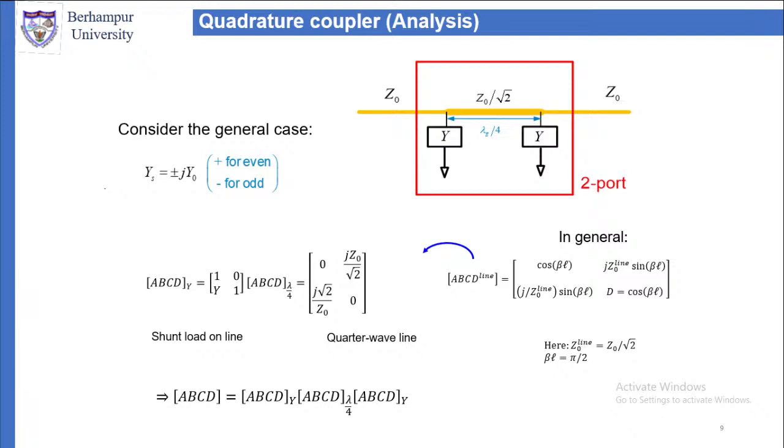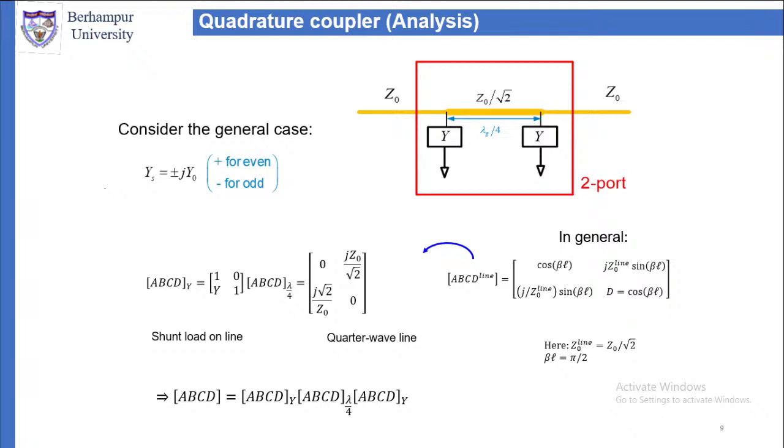Because Z0 for the line is Z0 by root 2. The lower one will be 1 by Z0, where Z0 of the line is Z0 by root 2, therefore that will be j root 2 by Z0. So that is for the quarter wave transmission line.